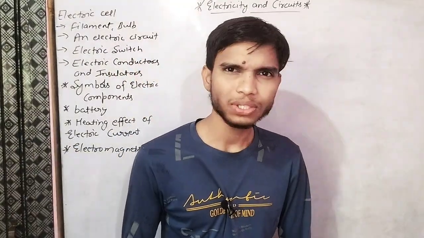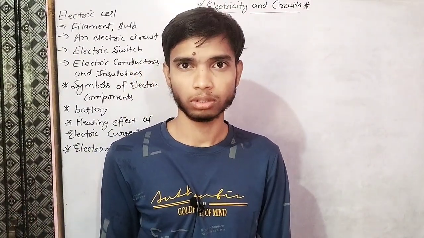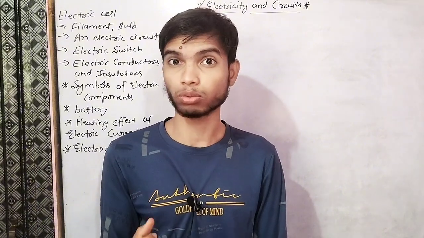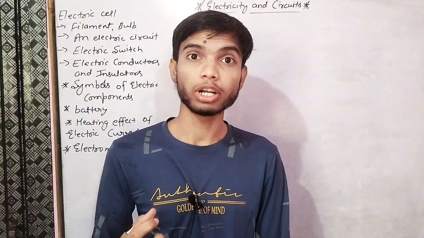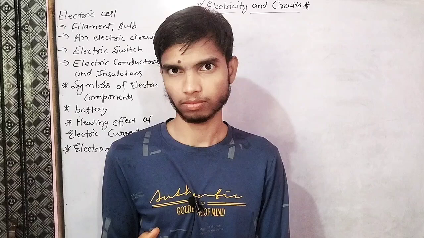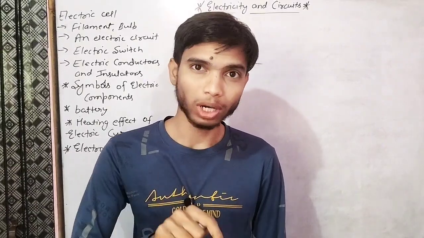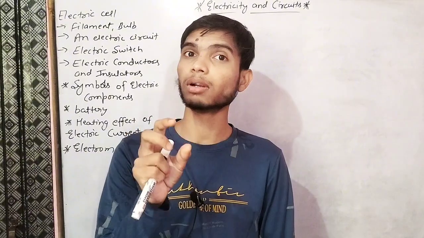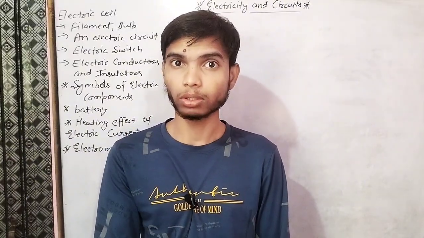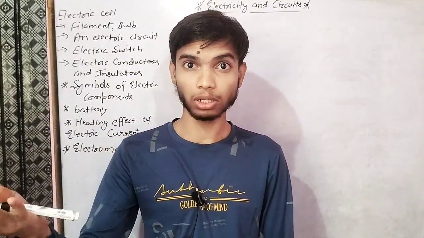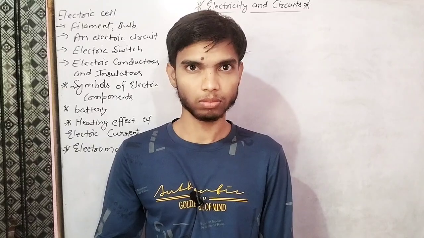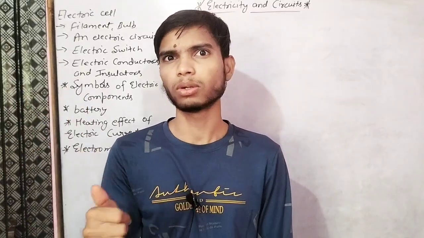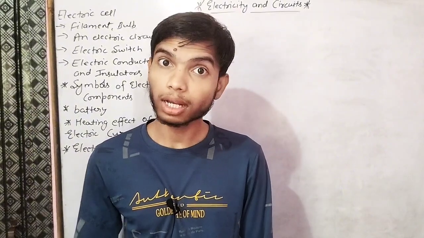Today we can see a lot of uses of electricity. We can assume the importance of current. Today you are at home. The bulb inside your room will be glowing. The fan will be rotating. All this is happening because of electricity.